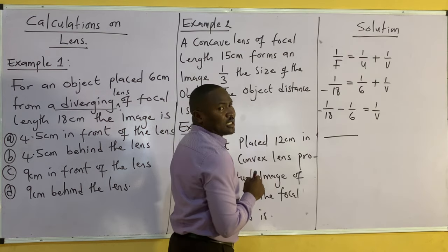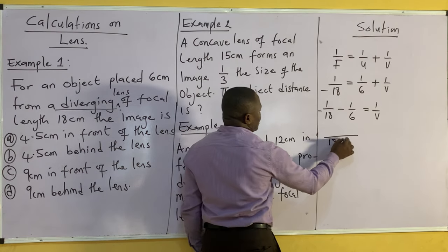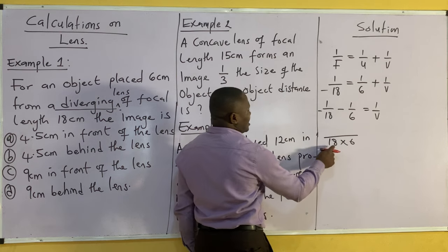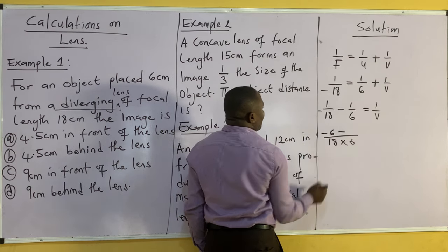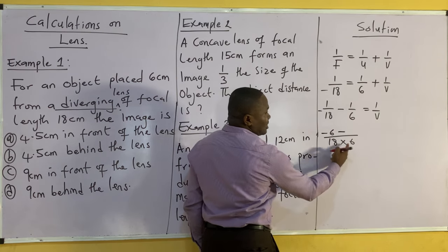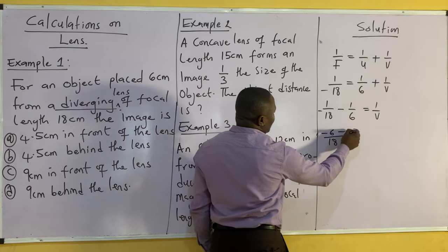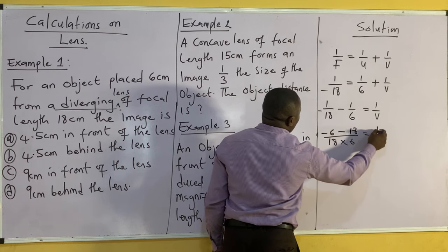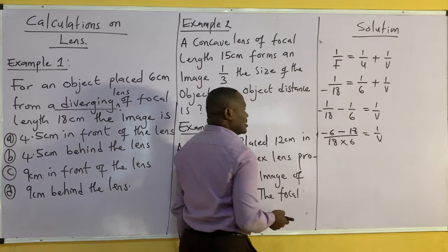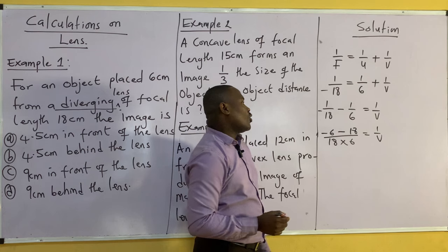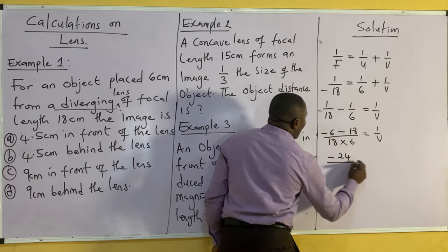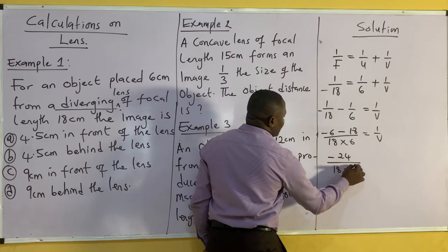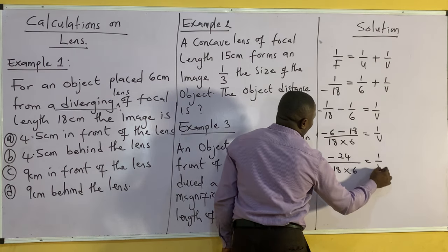The LCM of 18 and 6 should be 18 times 6. So this takes off 18, remaining 6, 6 times 1 is minus 6; minus 6 takes off 6, remaining 18, 18 times 1 is 18, equals 1 over v. Minus 6 minus 18 will be minus 24. So I have minus 24 over 18 times 6 equals 1 over v.